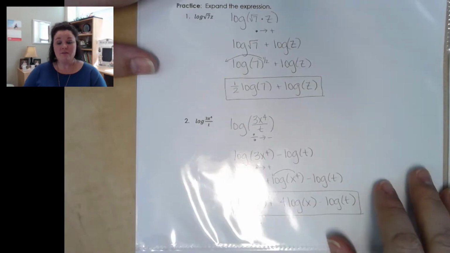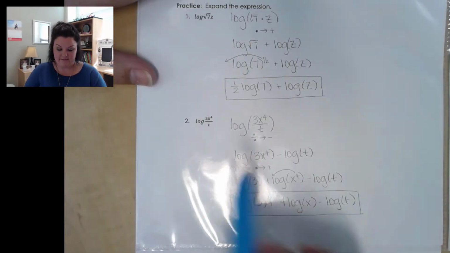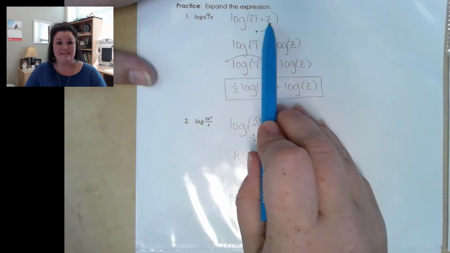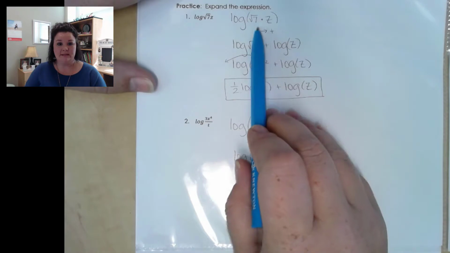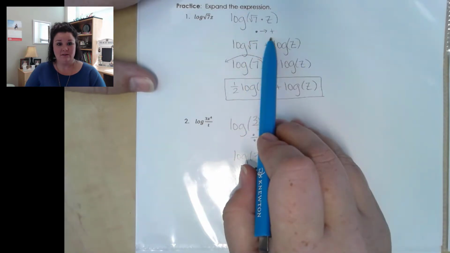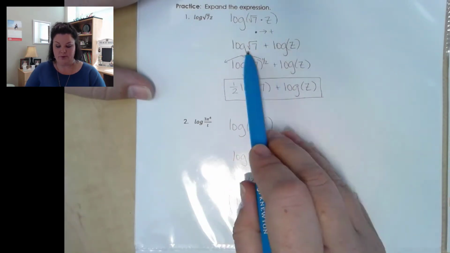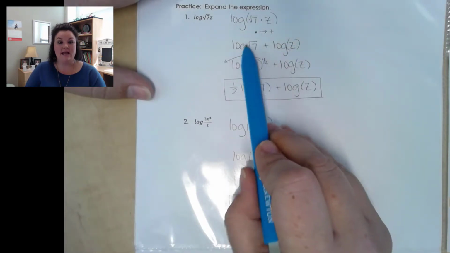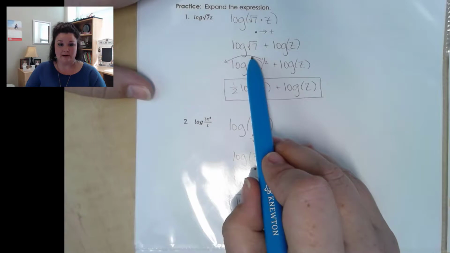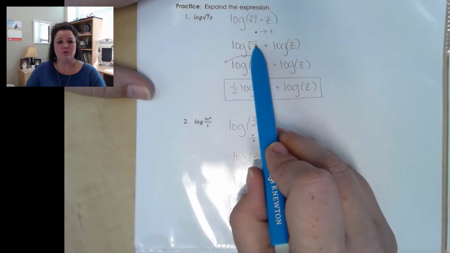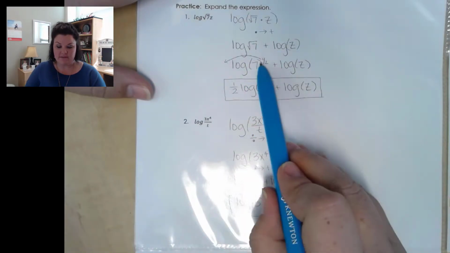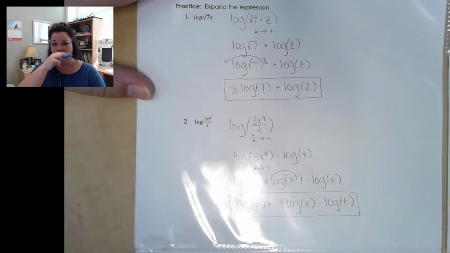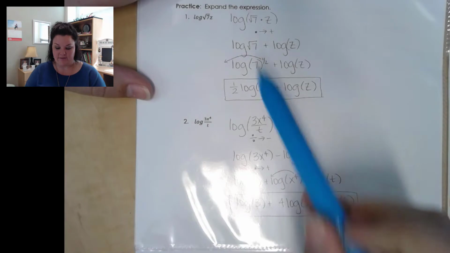All right, so on the first one, we see that we have a multiplication. We have the square root of 7 times z, and that multiplication turns into addition. So we're going to break it up into 2 separate terms. And then notice this 7 has a radical. It's stuck under a radical, right? So we can write that as power over root. So I have 1 copy of the 7 and it's under a square root. So I can rewrite this as log of 7 to the 1/2.